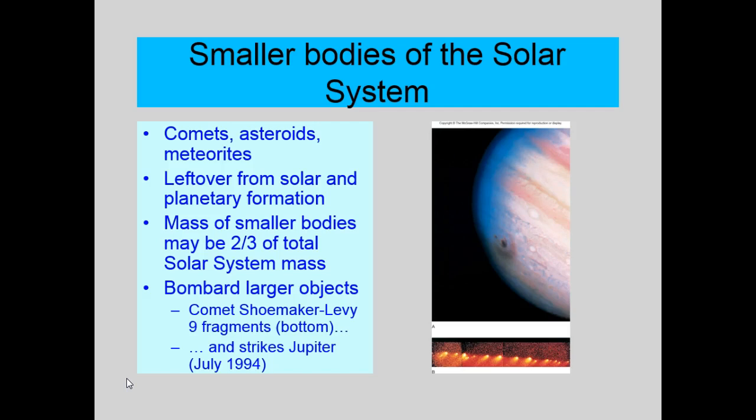A meteoroid is any object that's floating around out there, usually left over from a comet or an asteroid or something else, just a piece of rock, space junk that's out there. It becomes a meteor when it enters the Earth's atmosphere.